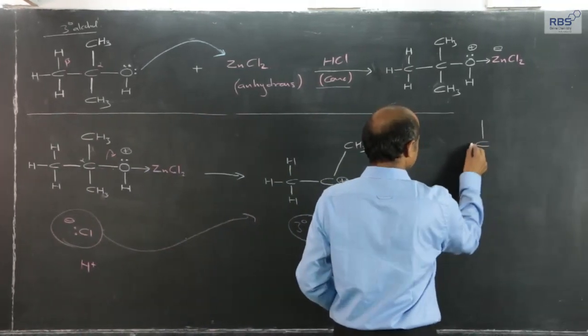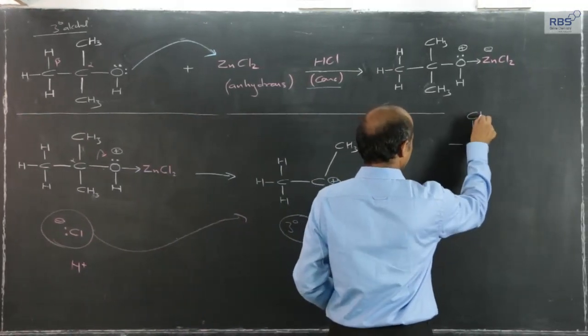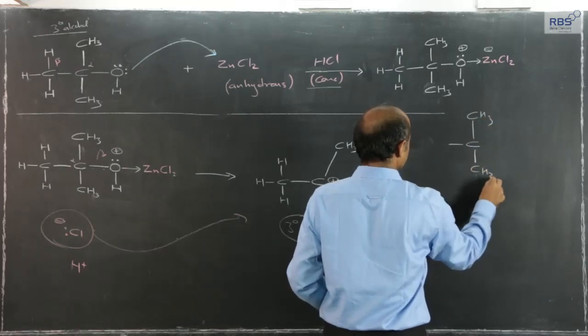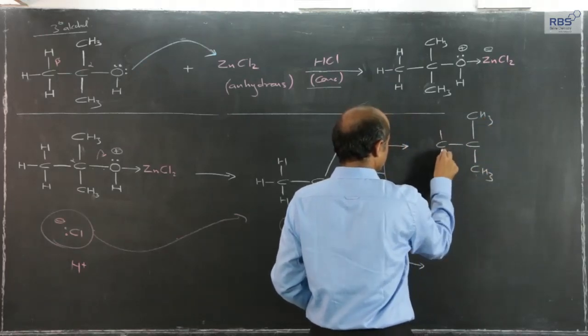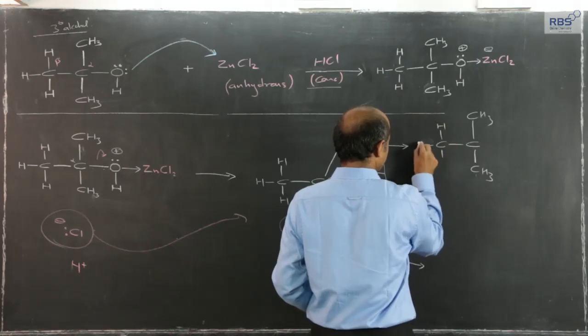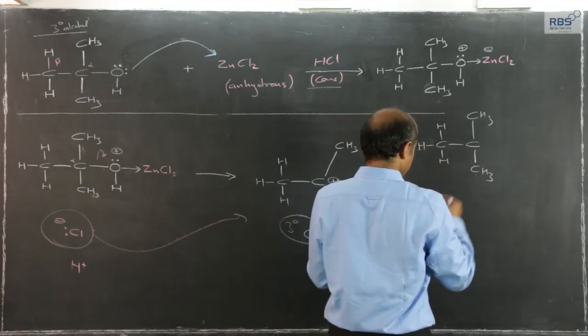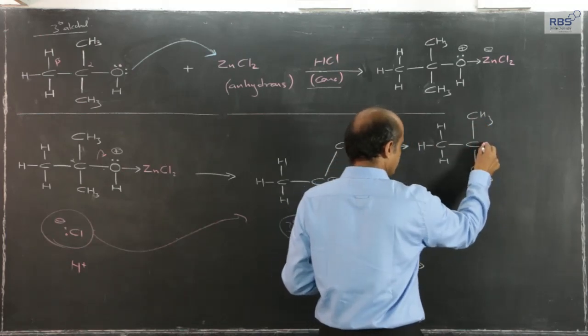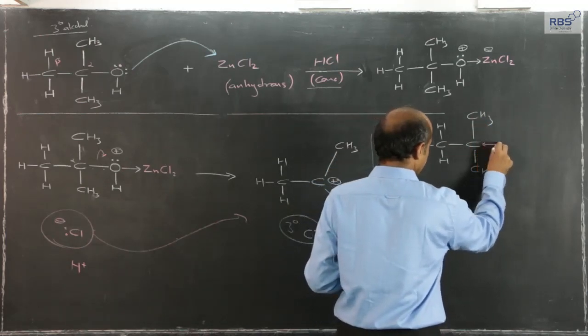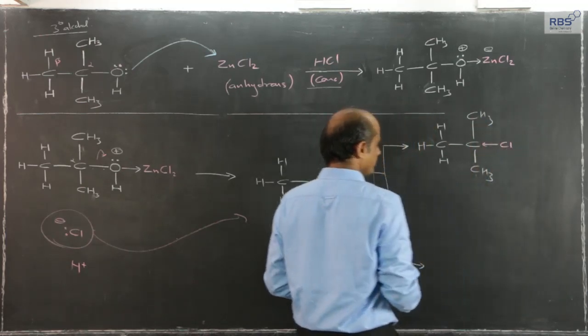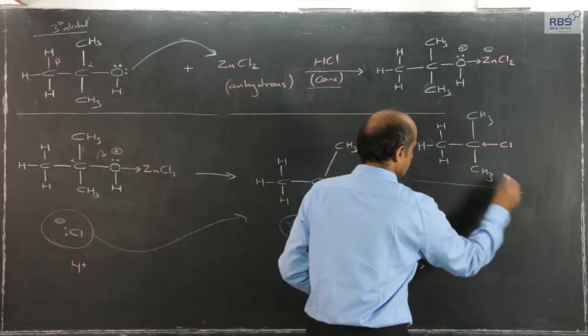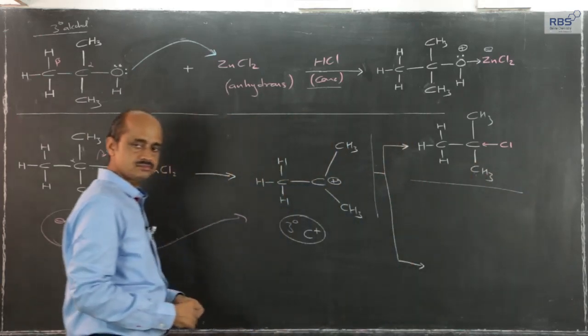Let me write it here. Methyl groups, 3 methyl groups. In this methyl group bonding I have shown each bond separately, there is a purpose. All the 3 methyl groups are identical and the Cl minus ion forms a covalent bond with the carbonium ion, and we get this product. This is one possibility.